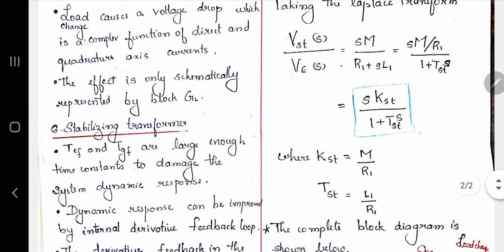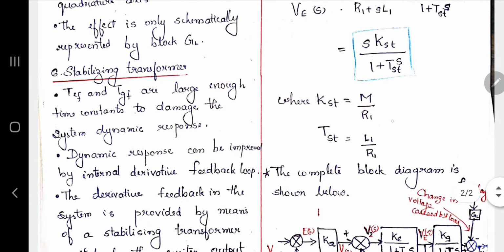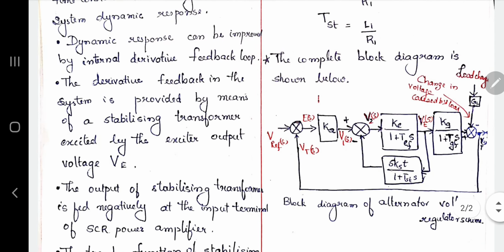So now we have obtained block diagrams for each component, and we already derived the transfer functions. Now we are combining all those things to make the block diagram of the whole alternator. Here you can see the differencing device, reference voltage and VT. Then next comes the error amplifier, which is represented by a gain Ka.